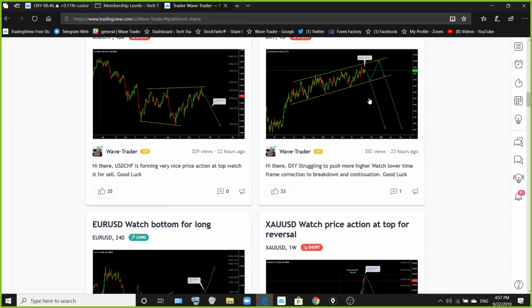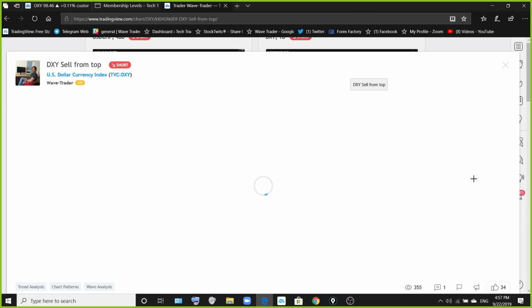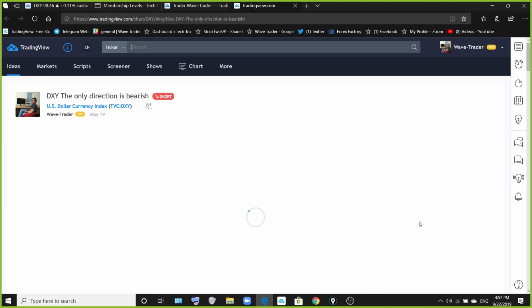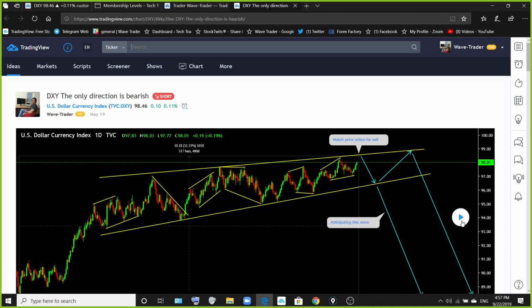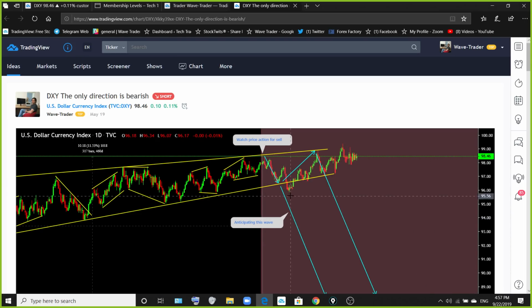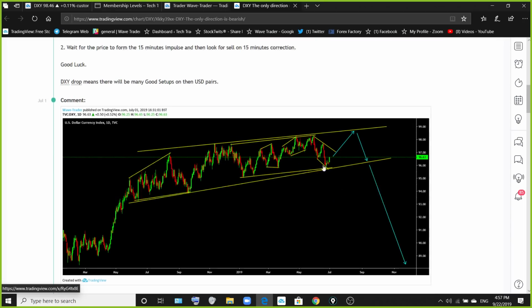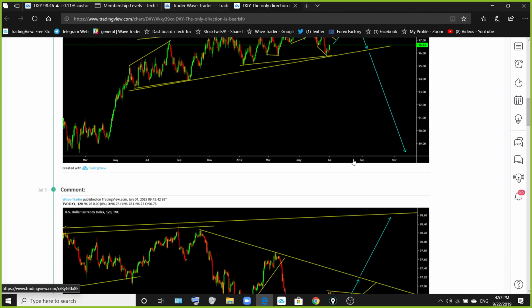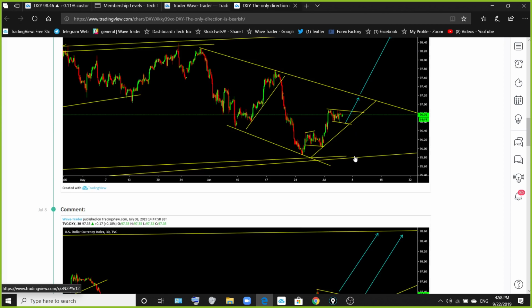So euro dollar, dollar index is at the top, and you're looking for a similar kind of trade on the dollar index like last time. It went lower, then did not continue, held the bottom, and then went up. So you are looking for a similar kind of trade on the euro dollar.